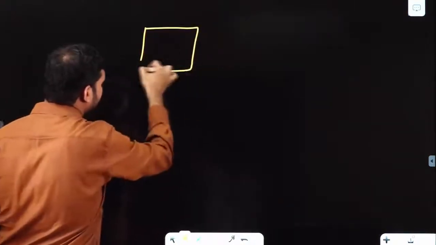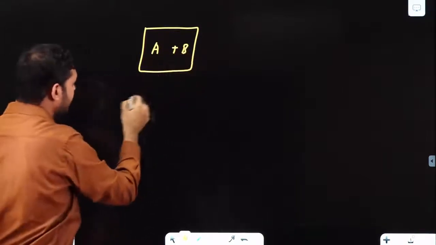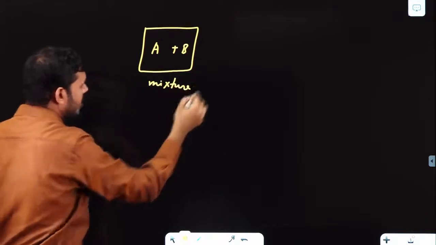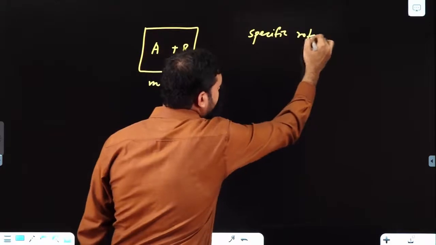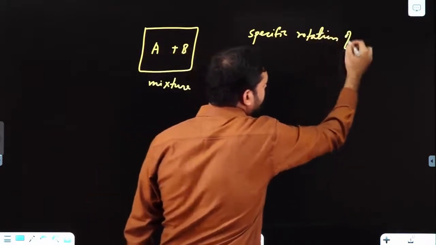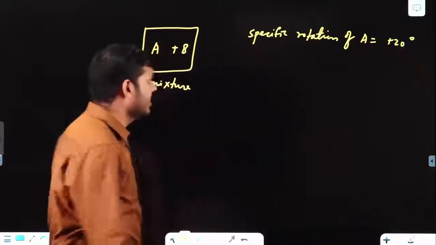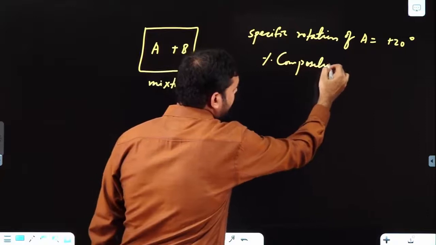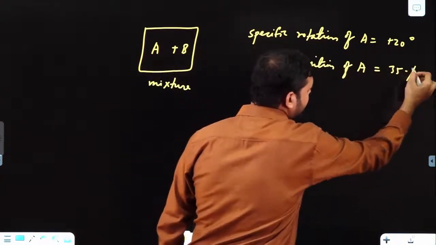Let's take an example, A plus B. We have a mixture given, and also given is the specific rotation of A equals plus 20 degree. Clear? Now the percentage composition of A in the mixture is given as 35%.